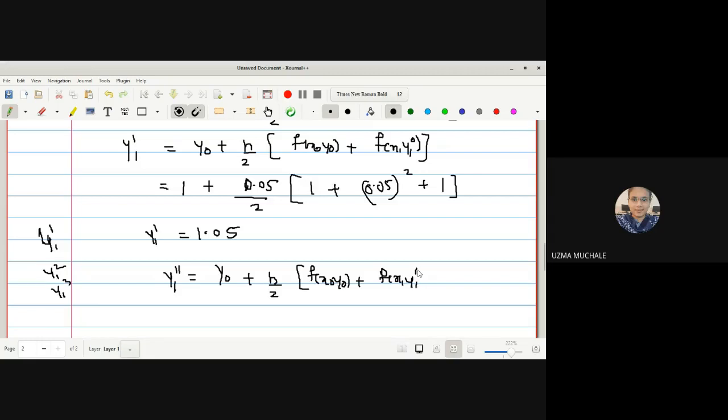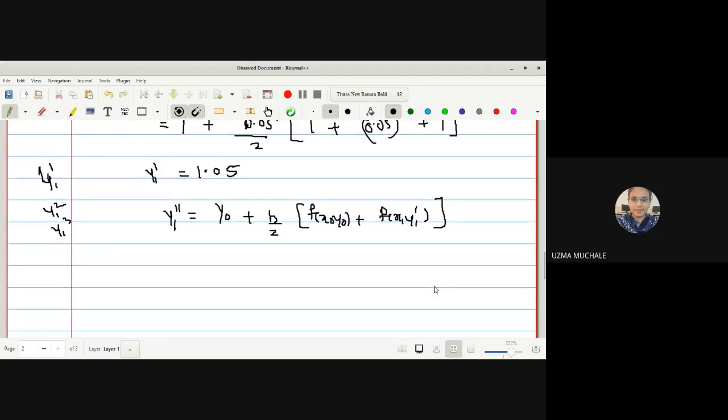Initially it was y1 raised to 0, which we found using Euler's formula. Now we can use Euler's modified formula for the next values of y1. This is an iteration process: we find y1 raised to 1, y1 raised to 2, and so on, so we are reaching the correct value of y1. Let us proceed to find y1 raised to 2.